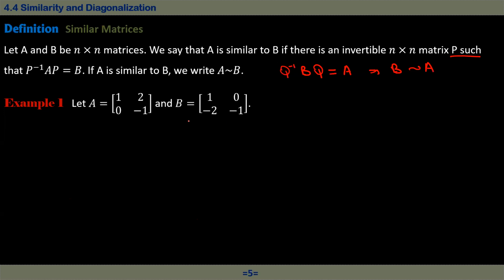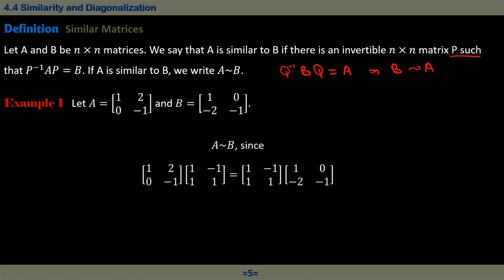Here, these two matrices are similar. Why? From the definition, since P is invertible, P inverse A P is equal to B. If you multiply both sides by P on the left, we have P P inverse A P equal to P B. P times P inverse is equal to I. So here we have AP equals PB.